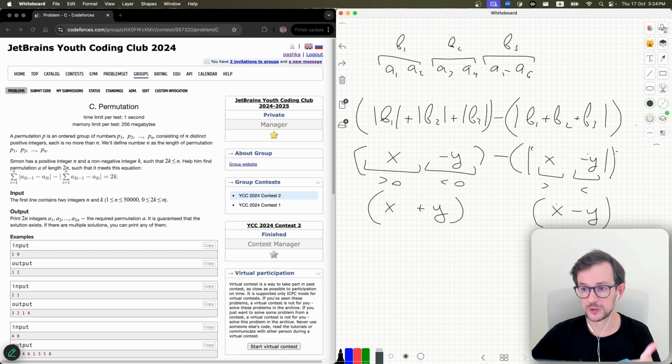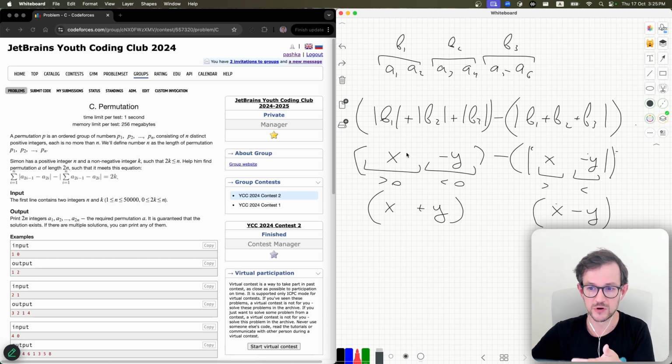Again, what I'm doing, I'm just trying to play with these formulas, and I introduce some strange variables here. If you don't know how to do it, you probably need to solve more math problems, because it's a standard thing you do with math problems. So I see that I care about positive numbers and negative numbers.